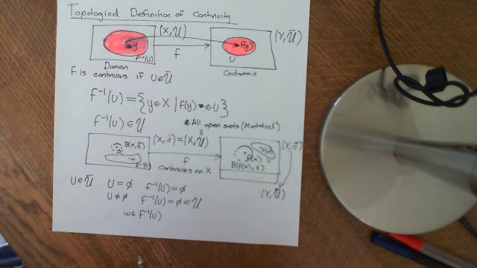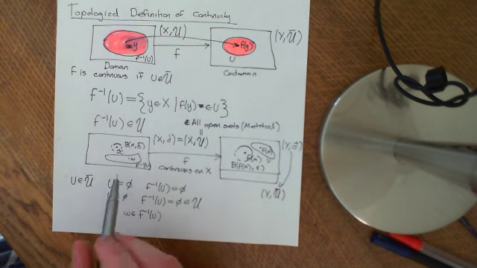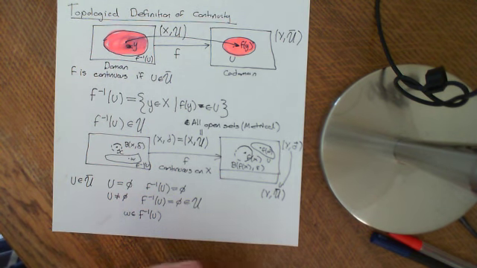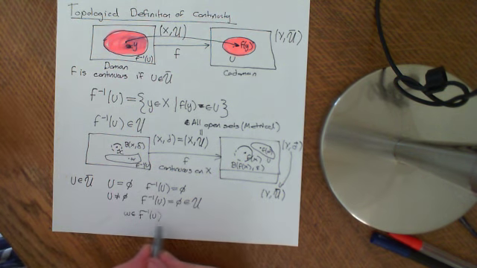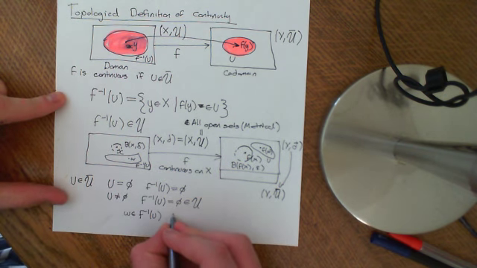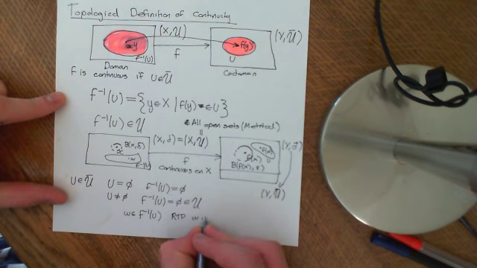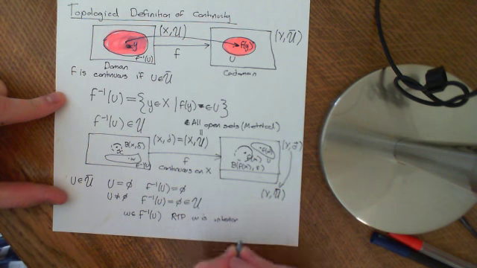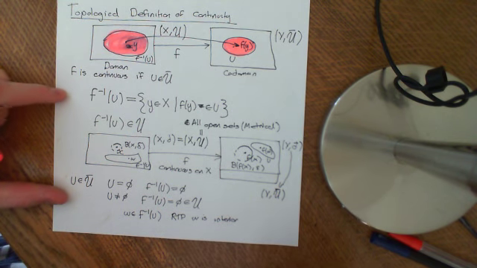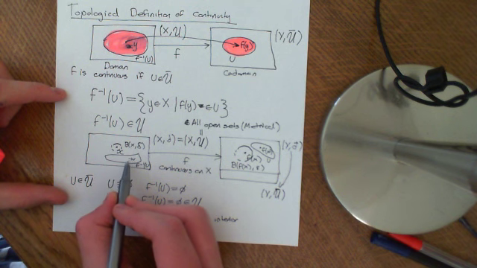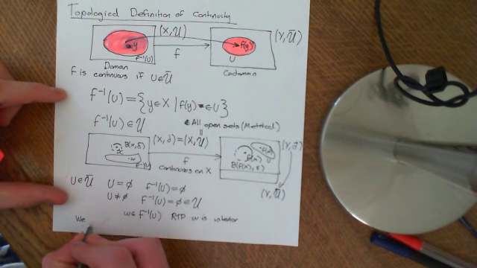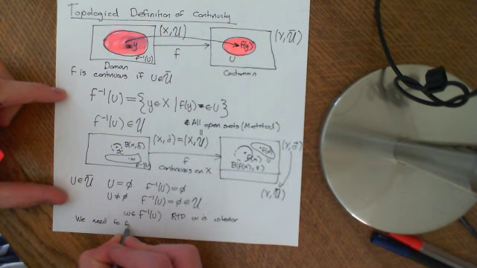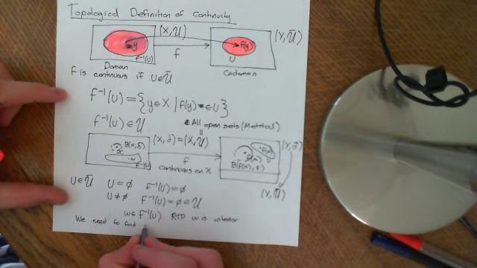Okay, so now what we want to prove is that this f inverse of U is open, and the way that we need to do that is to prove that any point in here is an interior point. So W is some arbitrary point in here. We are required to prove W is interior. The definition of interior means that we need to find some epsilon neighborhood around W. Let's say, I need a little letter, let's say eta, a Greek letter.